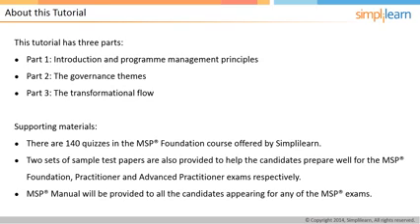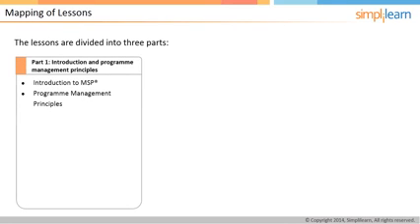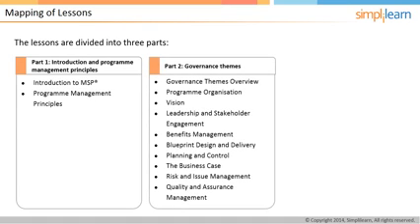In the next screen, we will focus on the mapping of lessons in this course. Part 1. Introduction and Program Management Principles. This part will include an introduction to MSP and also the Program Management Principles. Part 2. The Governance Themes. In this part, we will cover the overview and 9 governance themes.